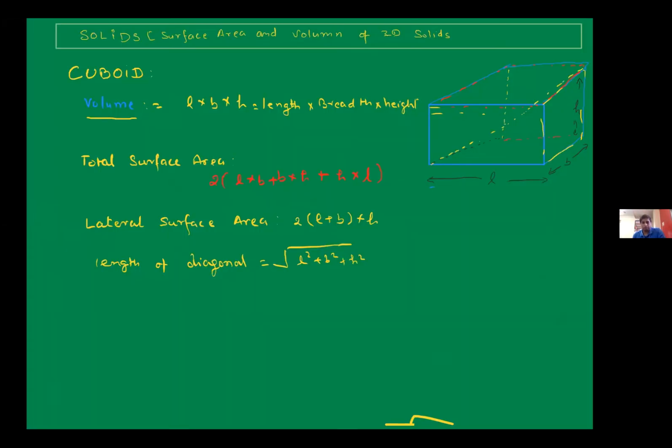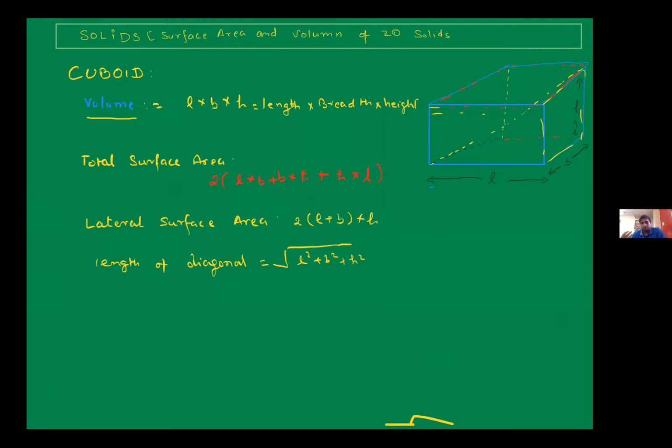So now we'll talk about the cube. What is the cube? A cube is also a rectangular solid in which each face of the solid is a square. What was it in the cuboid?